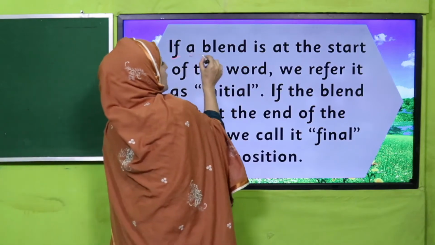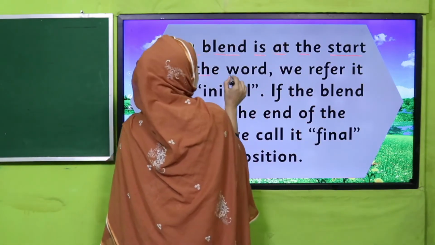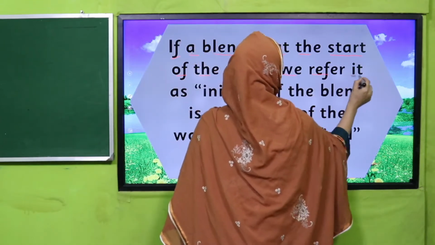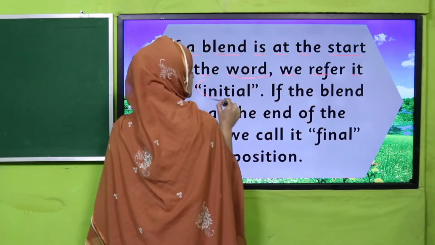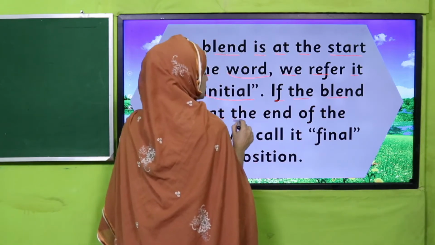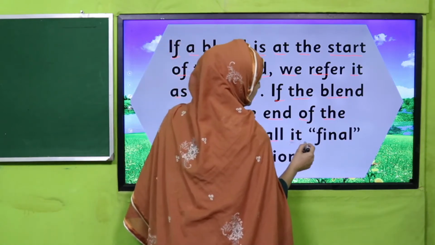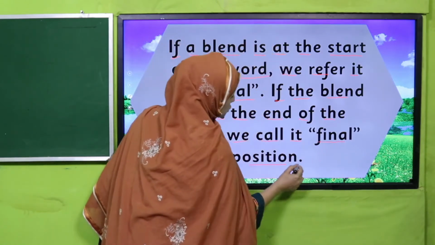If a blend is at the start of the word, we refer to it as initial. If the blend is at the end of the word, we call it final position.